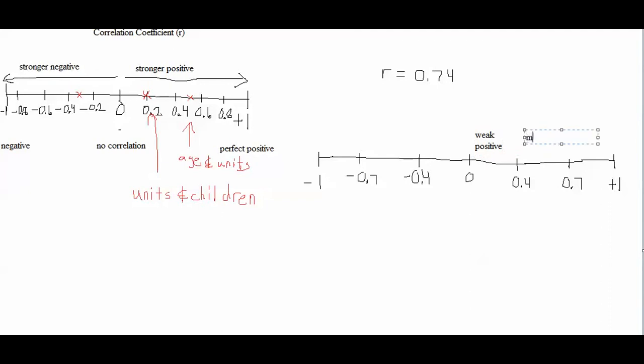Anything between 0.4 and 0.7 would be a medium positive. And anything between 0.7 and 1 would be a strong positive. Anything between 0 and negative 0.4 would be a weak negative. Anything between negative 0.4 and negative 0.7 would be a medium negative. Anything between negative 0.7 and negative 1 would be a strong negative.